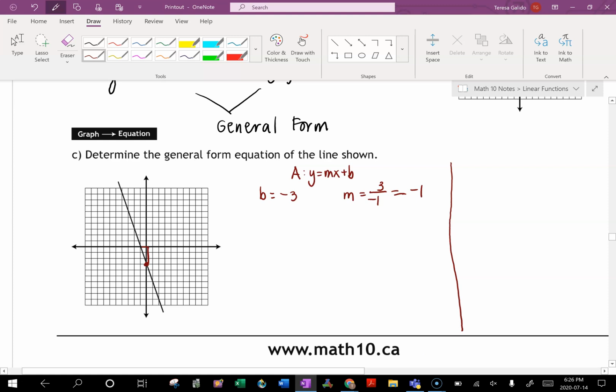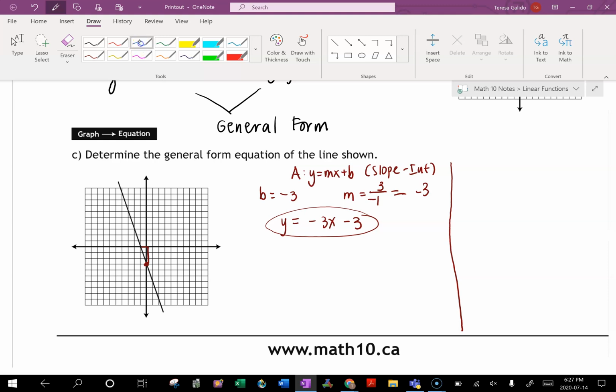So the equation of my line here is y equals -3x minus 3. So it's y equals mx plus b. This is now the equation of my line in slope-intercept form. That would be my equation of the line.